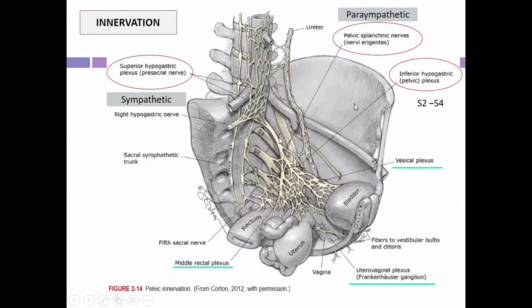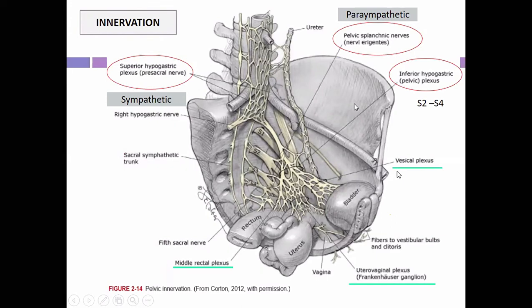As this moves toward the side walls of the pelvis, it combines with the parasympathetic portion to form the inferior hypogastric plexus. Earlier it was superior, then it becomes the inferior hypogastric plexus, because it will also involve S2 to S4. Now, this plexus will divide into three.